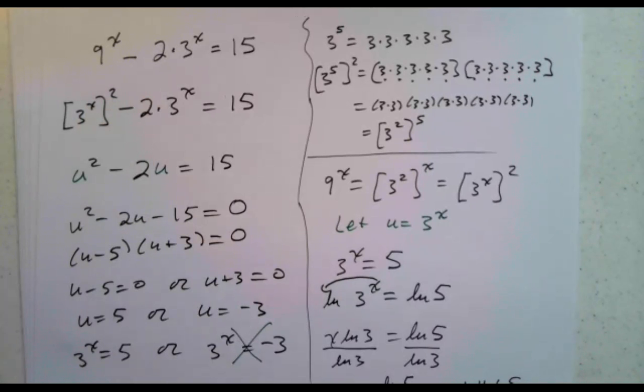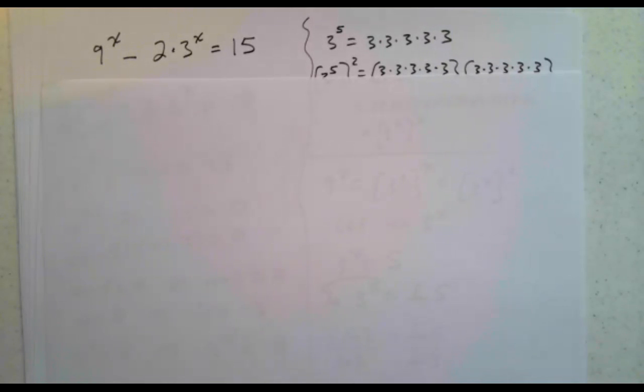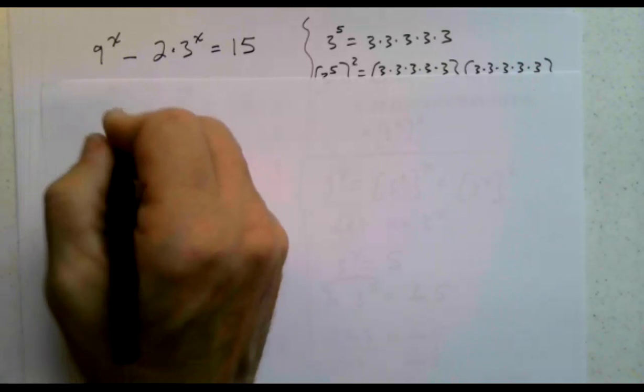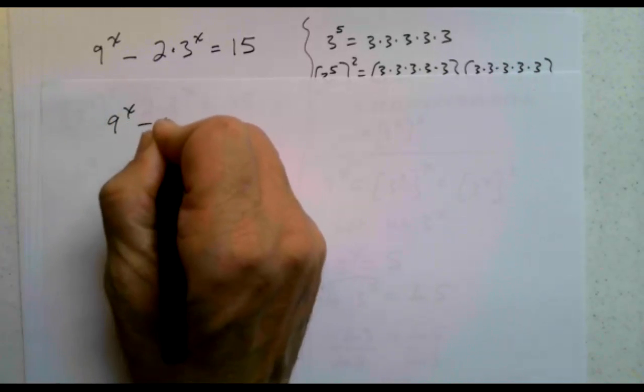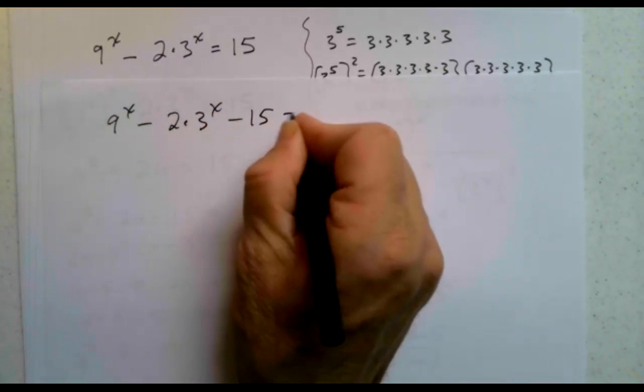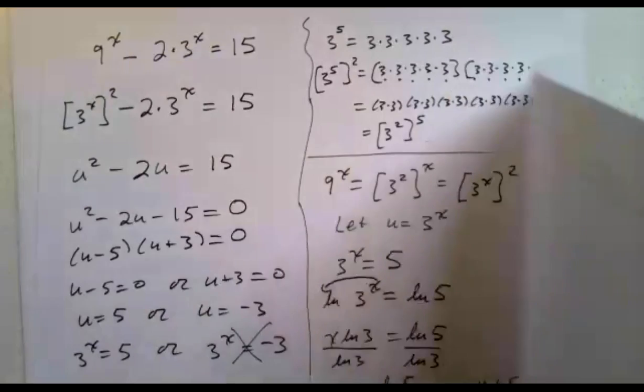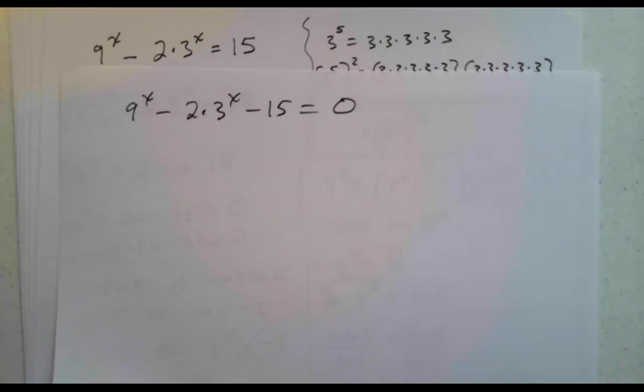And I checked it on the graphing calculator. I think it's somewhere between 1 and 2. What I'm going to do is subtract 15 from both sides. I'm going to say 9 to the x minus 2 times 3 to the x minus 15 equals 0. And then I will use my 0 finder on the calculator to see if I indeed get that number that I expect, 1.465.